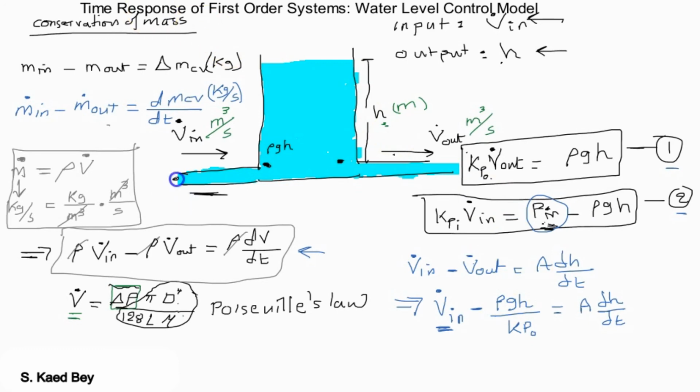And Pin, or the pressure required at the input, should be greater than the pressure at the tank inlet. If Pin is greater than rho g h, then in this case you will have a flow rate coming into the tank.